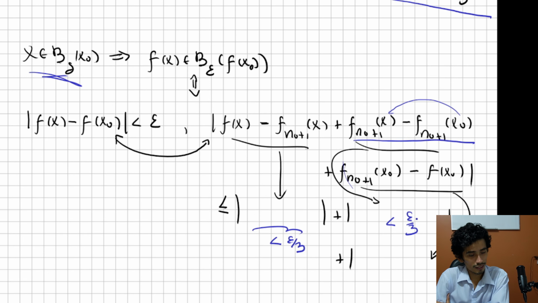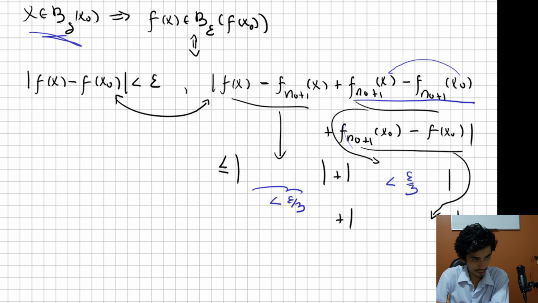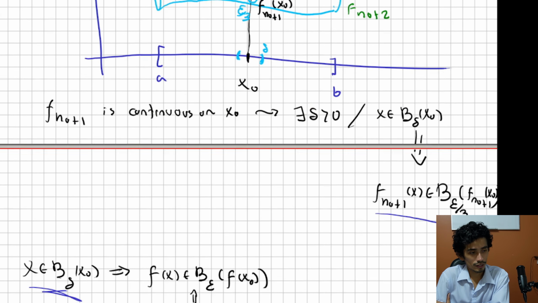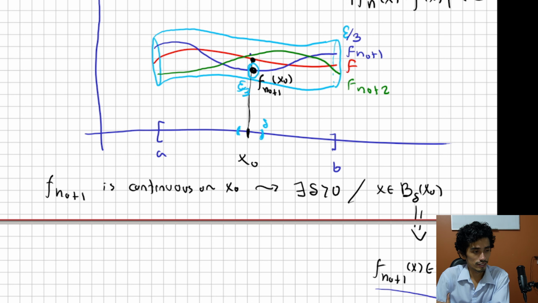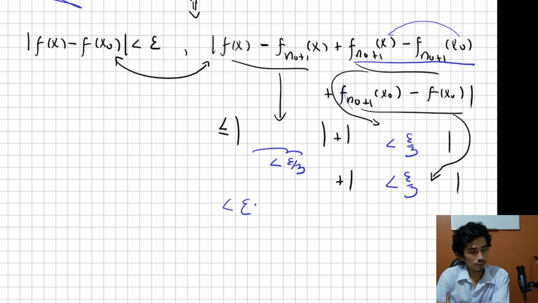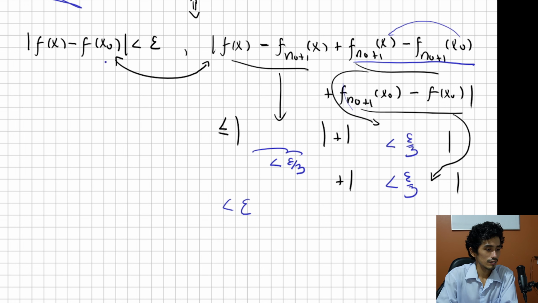And the last one is the same as the first, because it's the same point, different function, same point. So once again we are under this case, so all of the values of the functions are inside of the epsilon divided by 3 neighborhood of f. So this whole thing is smaller than epsilon, and that's how we get here.